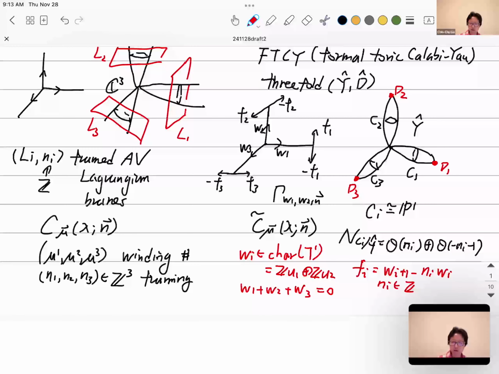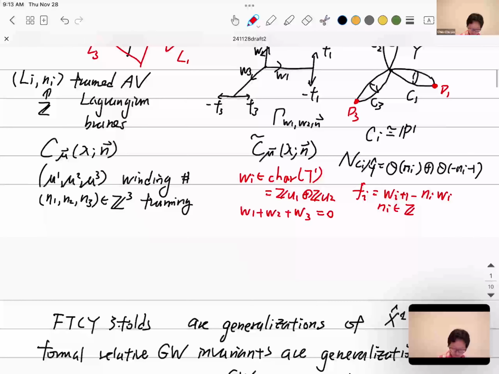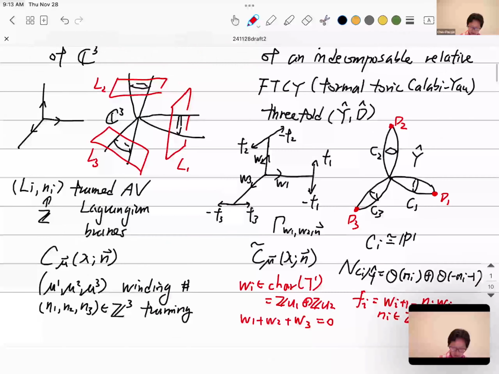But actually, we can prove, and it's a highly technical proof, that this is independent of W1 and W2. So that's the first part.